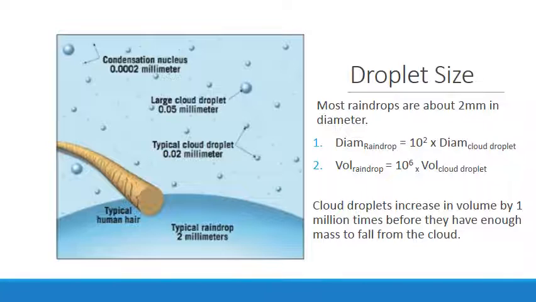To compare the size of a cloud droplet, cloud droplets are 20 micrometers. The average human hair is about 75 micrometers. So cloud droplets are smaller than the thickness of your hair by about 4 times.